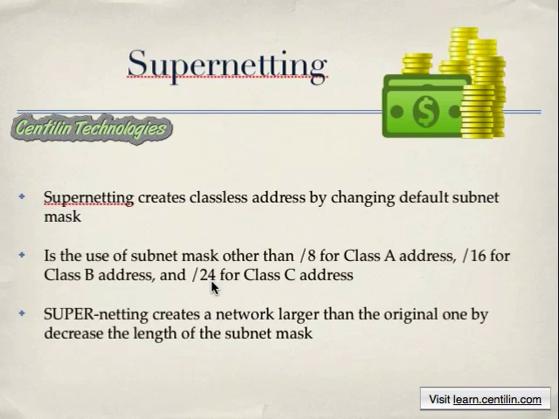On the other hand, subnetting is the decrease of the amount of host addresses we can use by increasing the subnet mask. But remember that both of these are done relative to the original or default subnet mask.